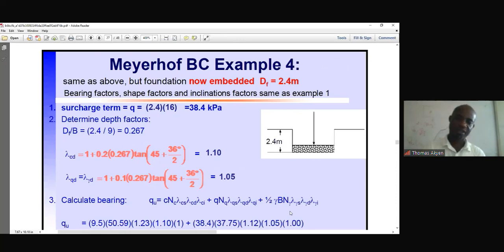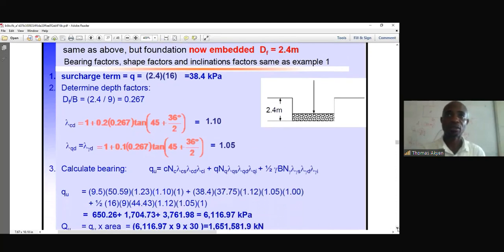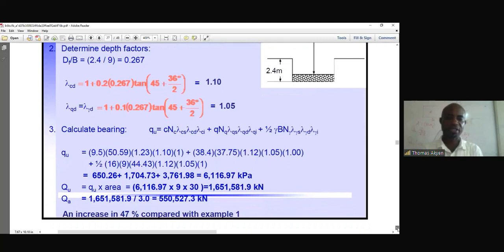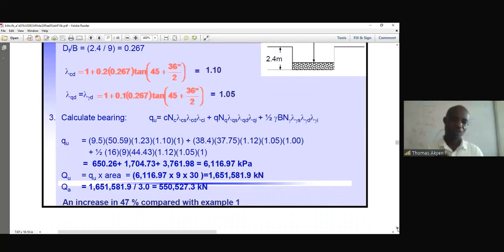Then we calculate the ultimate bearing capacity, and for the bearing capacity we use the Meyerhof equation. The Meyerhof equation is given as this one.